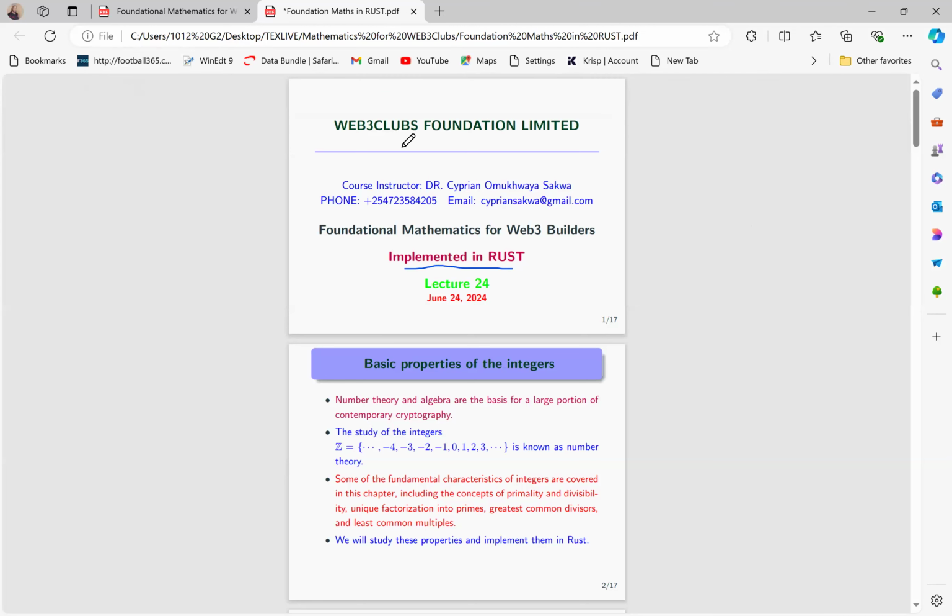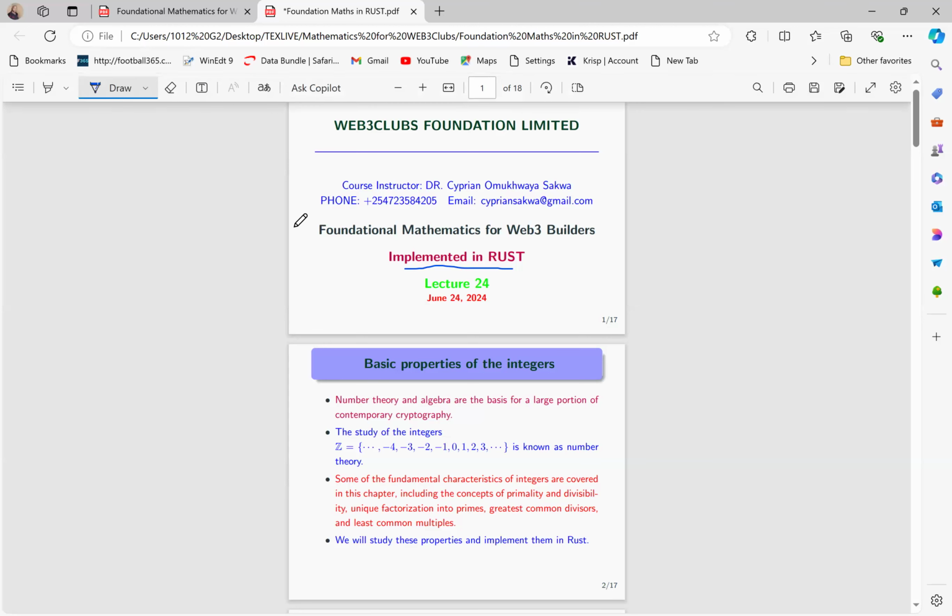The good thing is that we already know the mathematics, so you will easily understand the code. I'll bring the code and then we'll try to explain how it functions. We're just revising what we've already done, and this time implementing it in Rust.